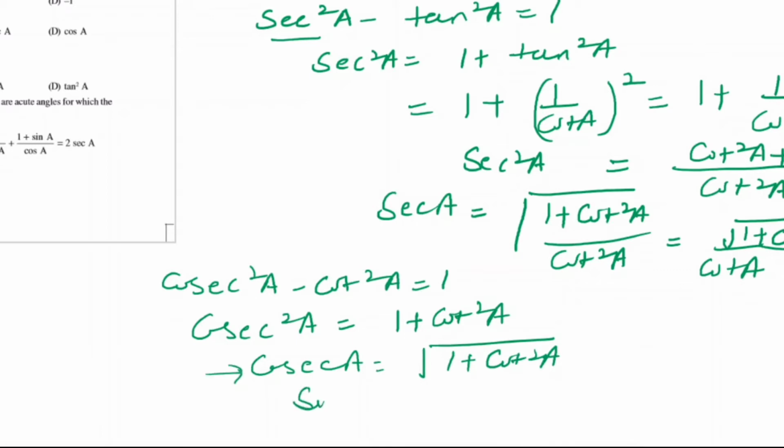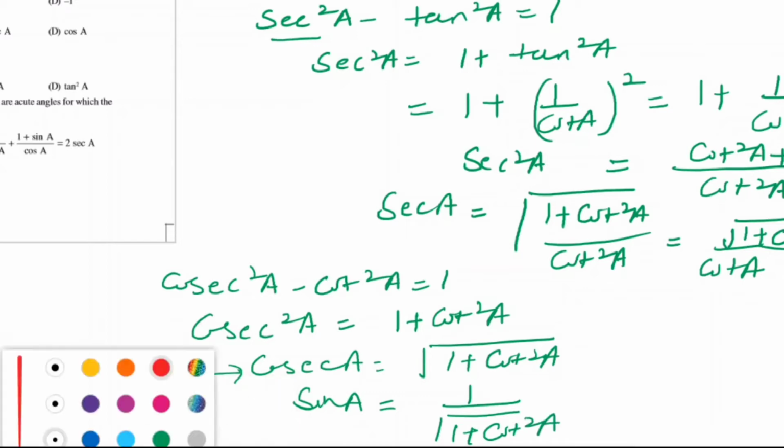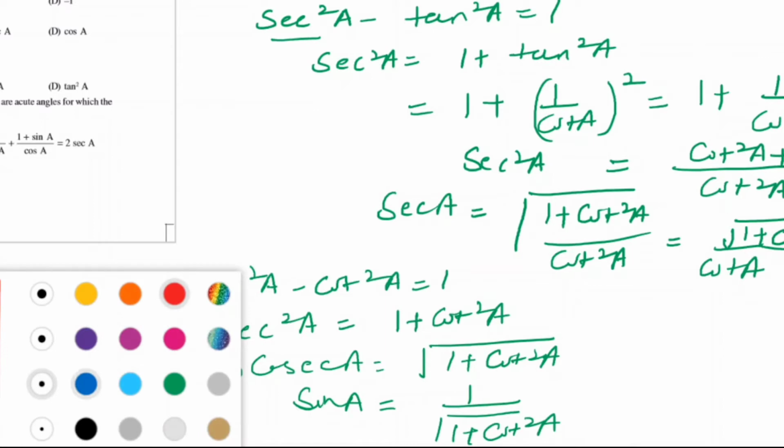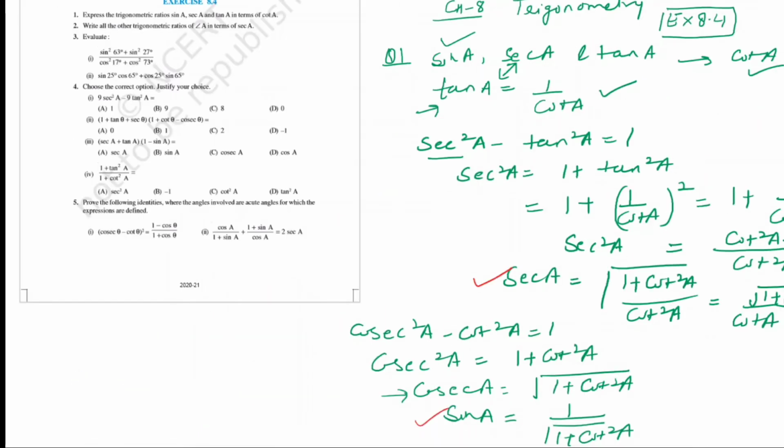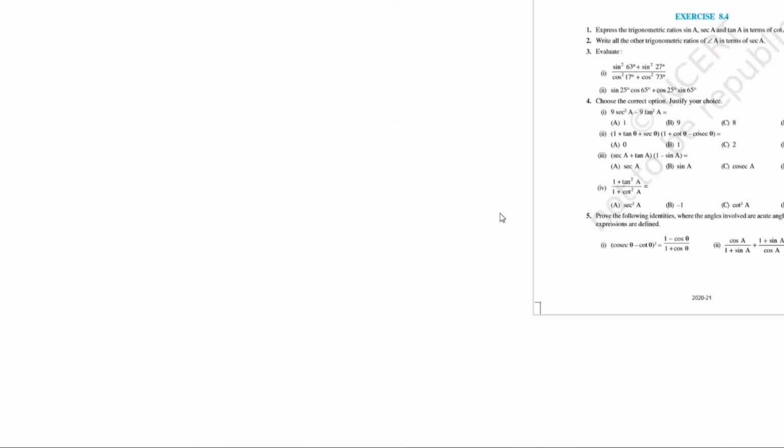So what is going to be the value of sine A? Just the reciprocal. So hence we have got three expressions, this, this and this. So this is our question number 1.